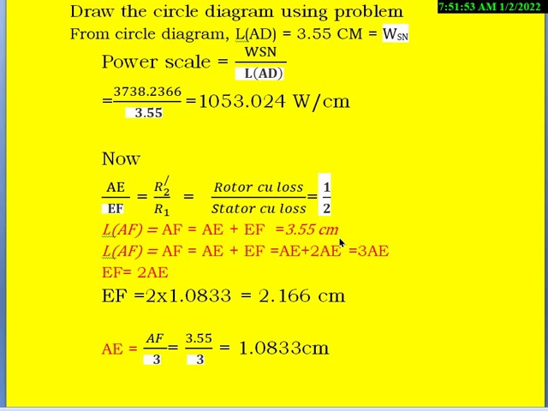Now we have to divide this AF as AE and EF. EF takes two parts, whereas AE takes one part. So EF is nothing but 2 times AE.